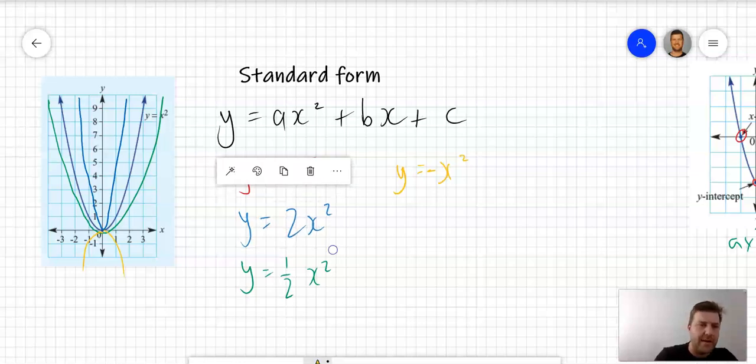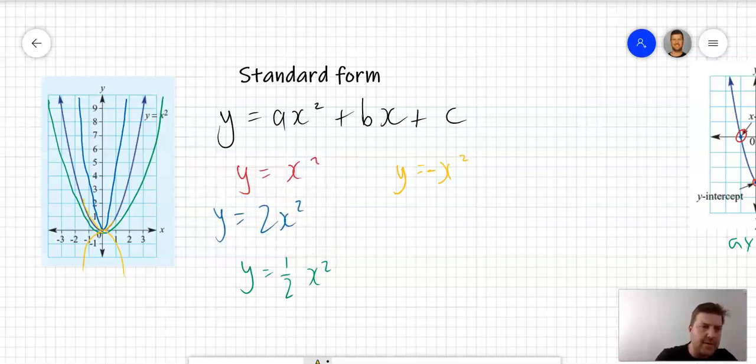Okay, it'd be the same thickness as that first parabola, y equals x squared. In terms of the dilation, they're the same. One's opening upwards and one's opening downwards. All right, so that's pretty much what a does. It flips it, and it's responsible for dilation.